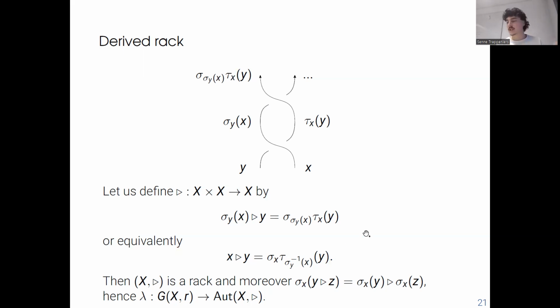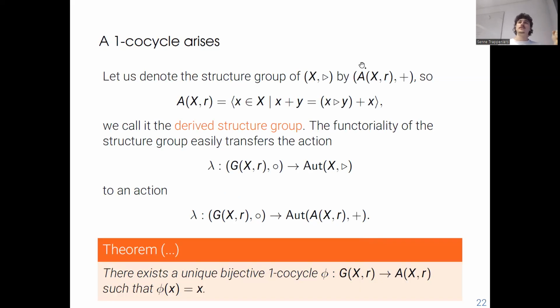Now, one thing we saw about racks is that, because it's in particular a solution of the Yang-Baxter equation, we can always look at the structure group of this rack. And so the rack here is called the derived solution of the original solution. The structure group of this rack, we will denote it by A_{X,R}^+. It is more convenient to use the plus here.